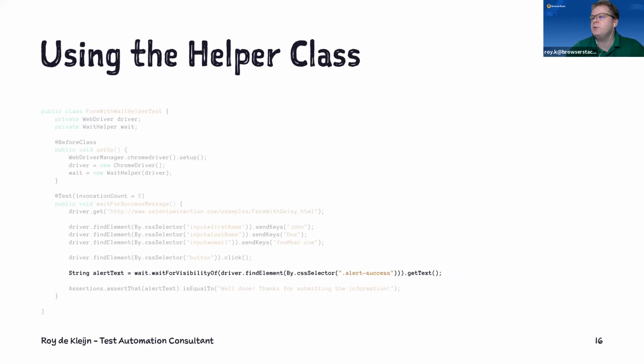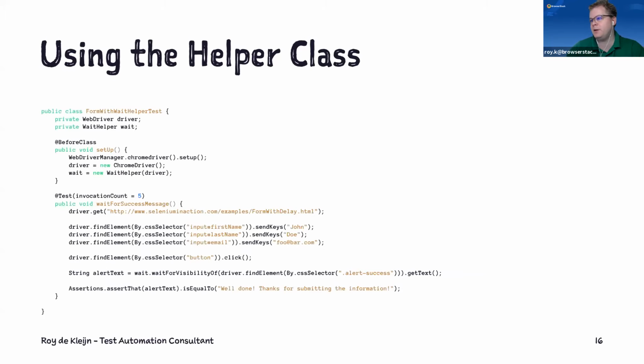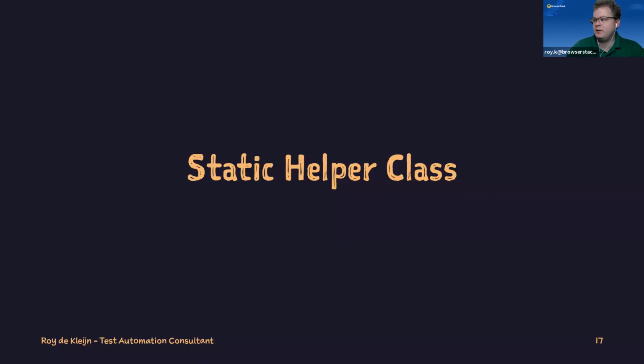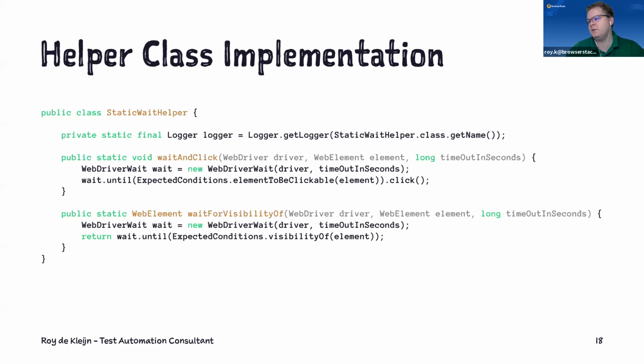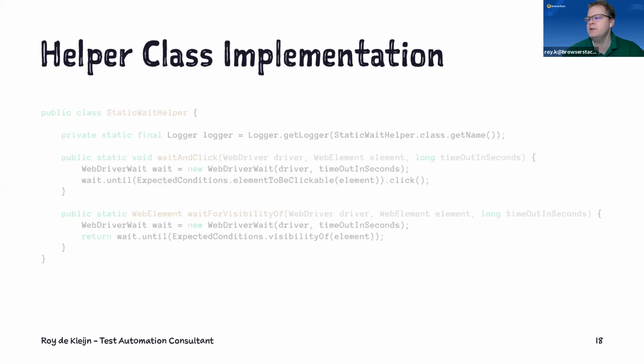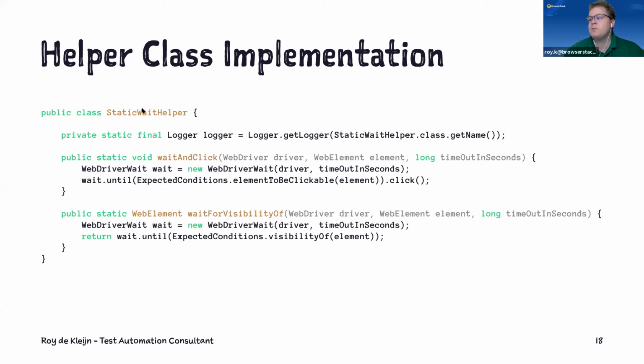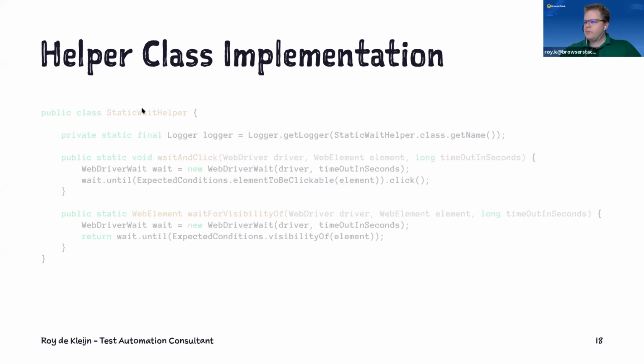But we can improve it maybe a little bit by implementing a static helper class. And that can look like this. Again, we have a class with some static methods. And we have, again, wait and click. And this wait and click does the instantiation of WebDriver wait for you.